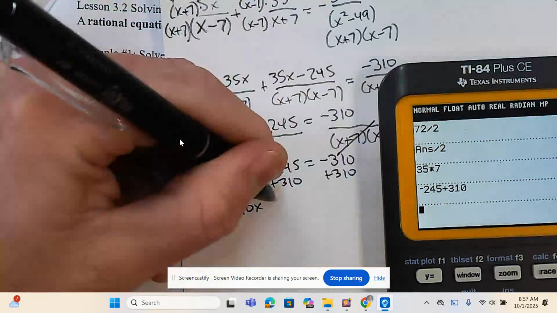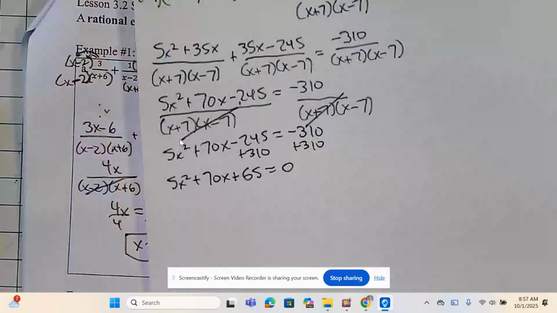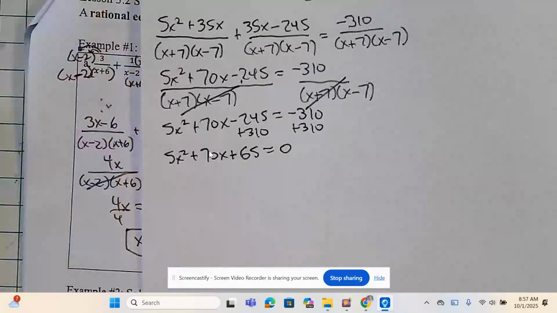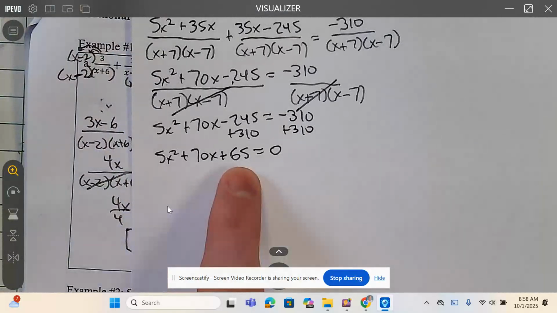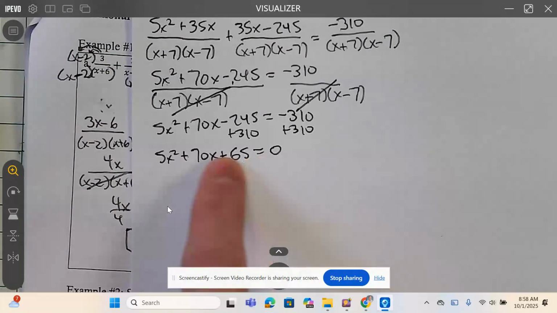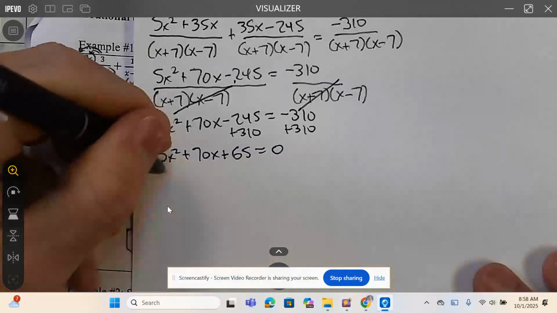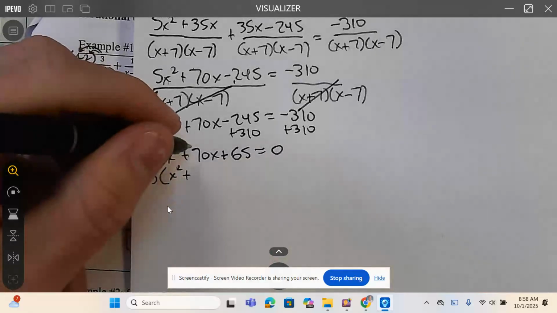I'm going to do something here, though. Do you all have a common factor? I have a common factor of 5. Do y'all have a common factor on yours? Maybe. Hopefully. Because I could factor out 5 out of this and make this 1x squared.